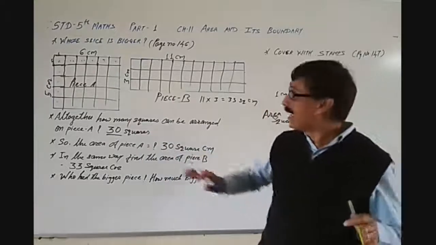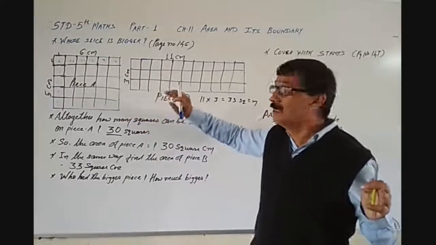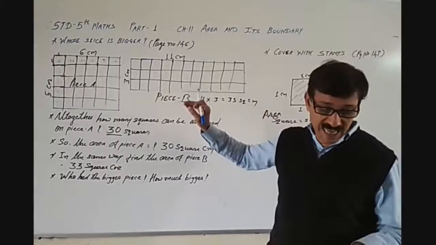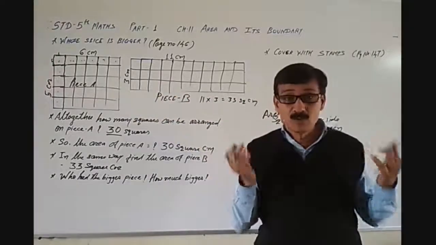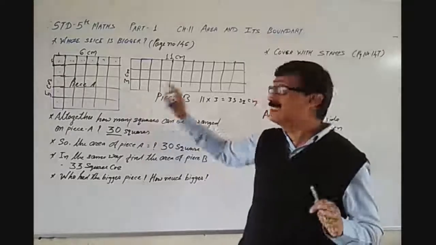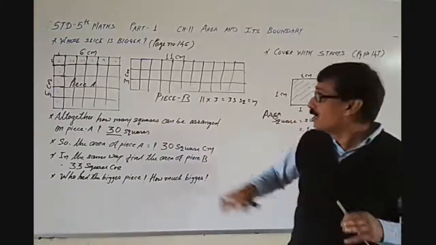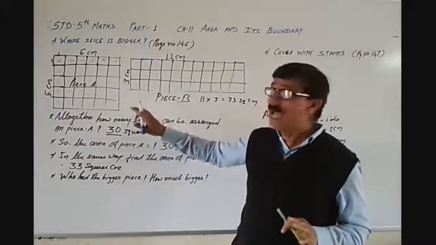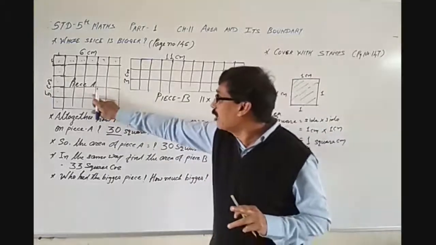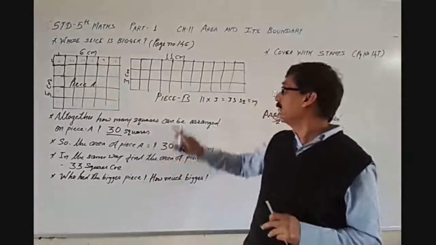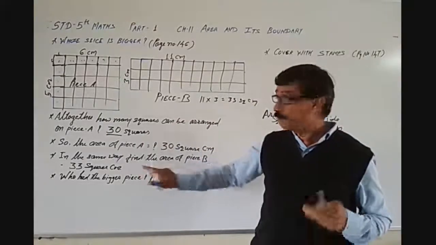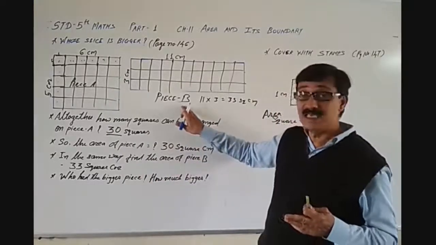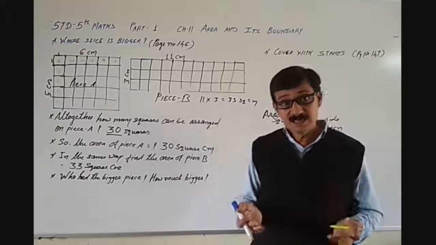Now they don't know, as the size, or we can say the shape of these pieces are different, so they could not find out whose piece is bigger. That is why we find out the area of these pieces. So the area of piece A is 30 square centimeter and the area of piece B is 33 square centimeter. So we can say the area of piece B is bigger.